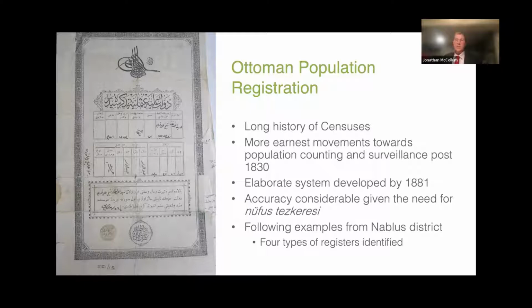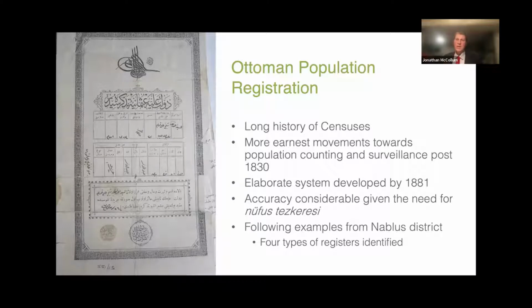And so for the purpose of taxation, we see something like a census, the Tapu Tahrir Defterleri. These are Ottoman sources that date back into the 15th century, in which the Ottoman state would go out and actually collect names and figure out who would be paying all the taxes throughout their empire. So that system persisted for a few centuries.